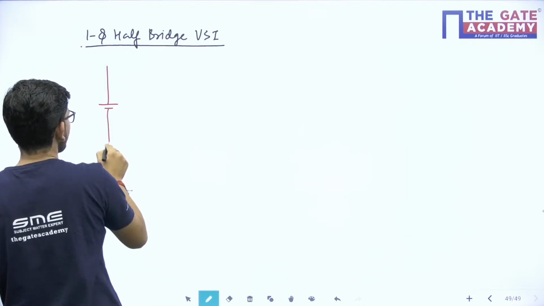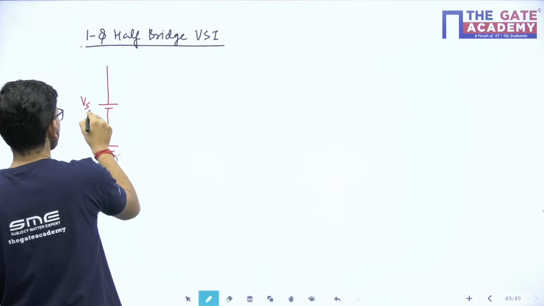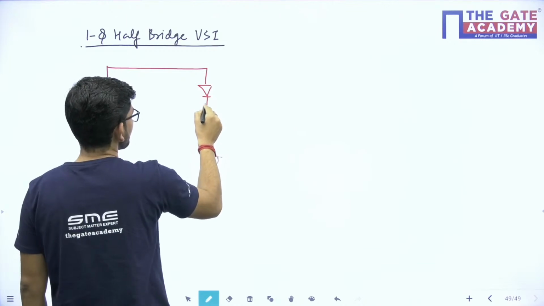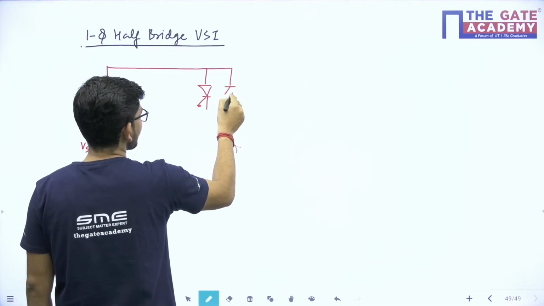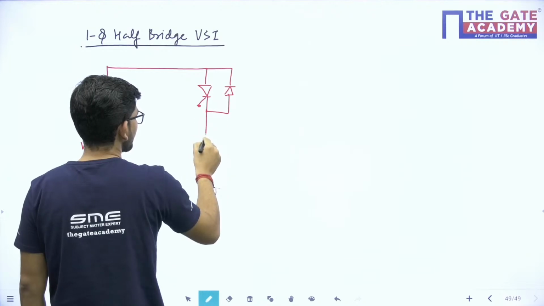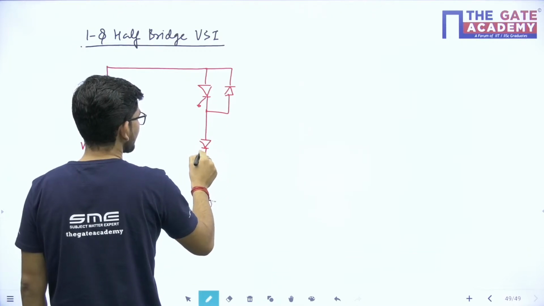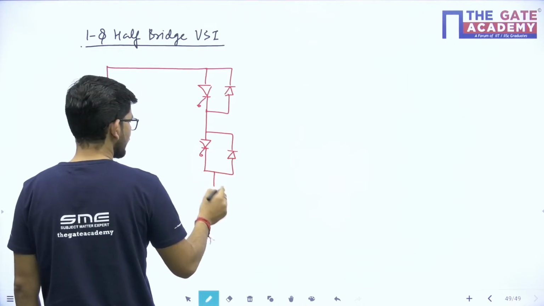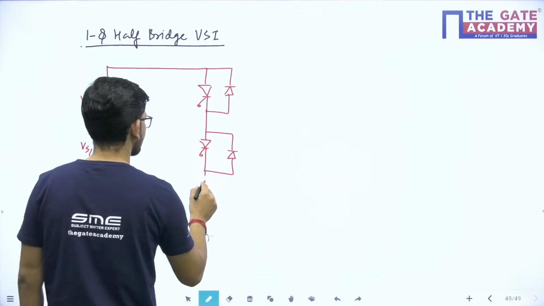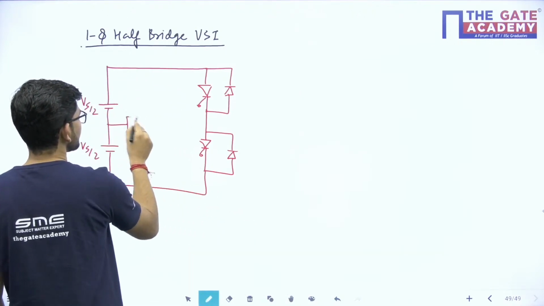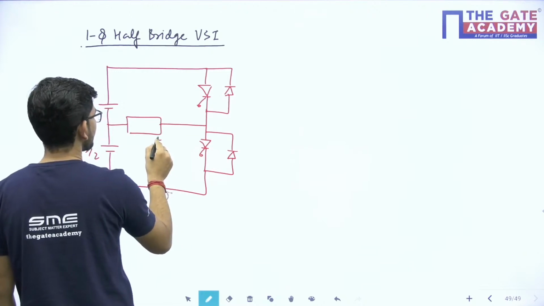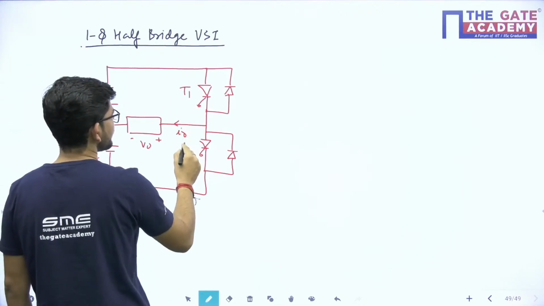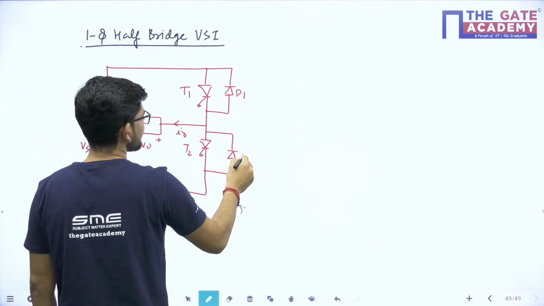We have Vs by 2 and Vs by 2, two voltage sources, and after that we have thyristors and anti-parallel diodes. This is the load. This is T1, this is T2, this is D1, this is D2.